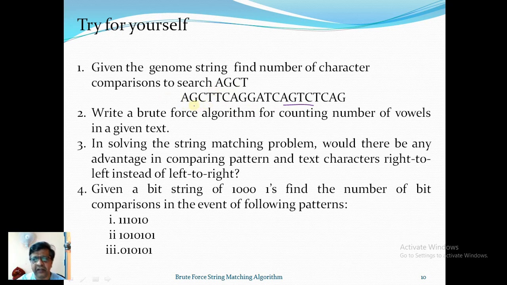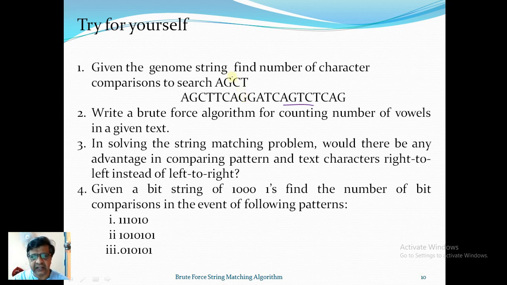It's found here only: 1, 2, 3, 4. You may want to find its availability in some other location. You can just reapply the algorithm. You put the algorithm itself in a loop and set a counter. The counter will take care of how many times this string will appear.